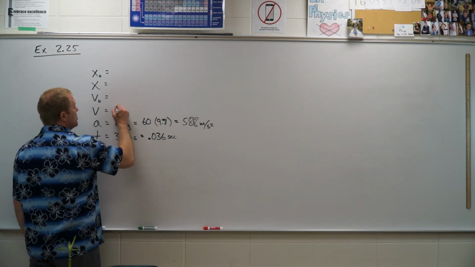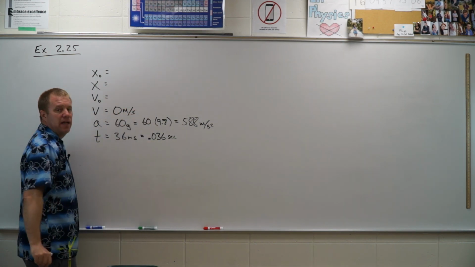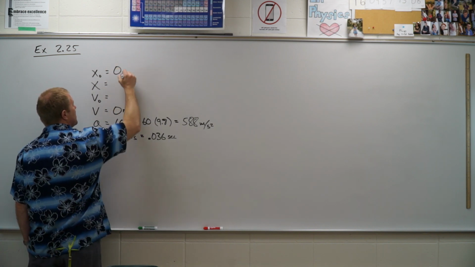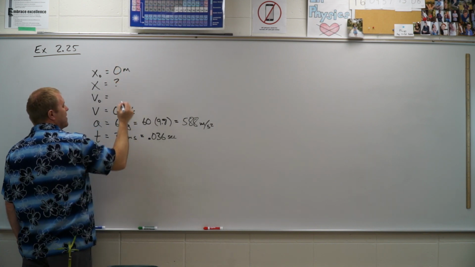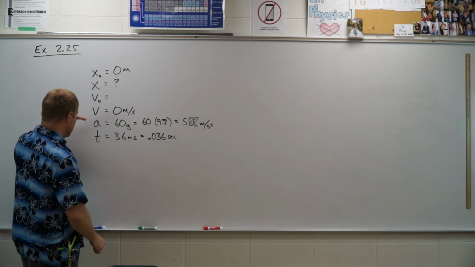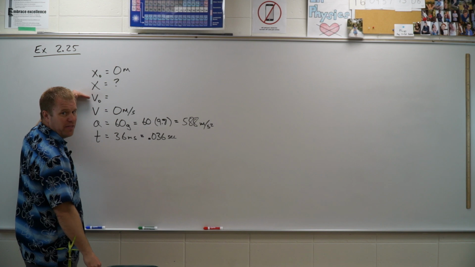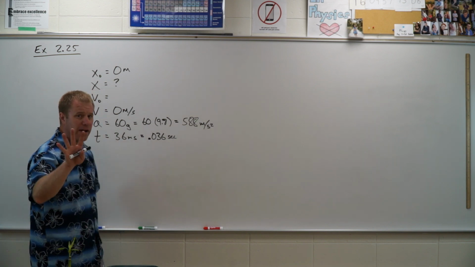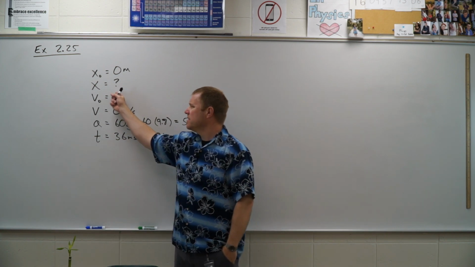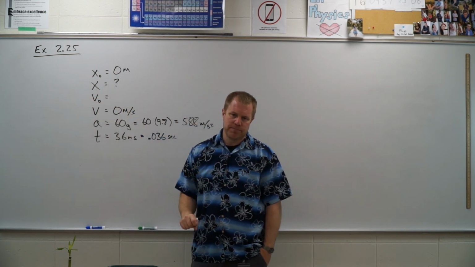We are going to be coming to a stop, and it doesn't tell us where they start, so we're going to put that at 0, and we're trying to find this x. Now the interesting thing here is the v naught we don't know. And if I look at my 4 equations over there on the sideboard, there isn't an equation without a v naught.